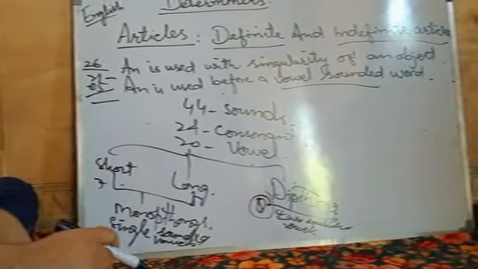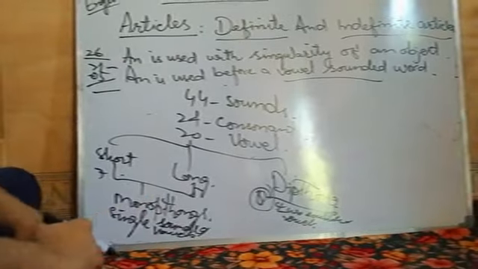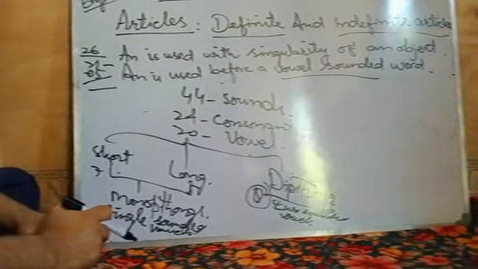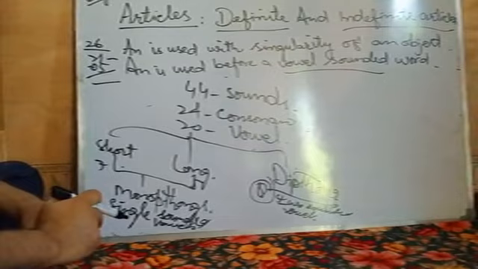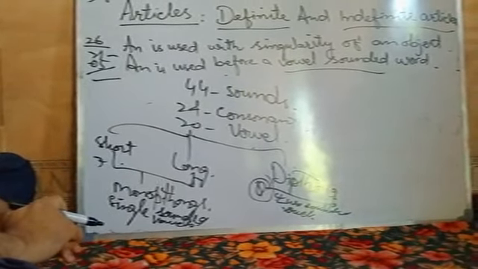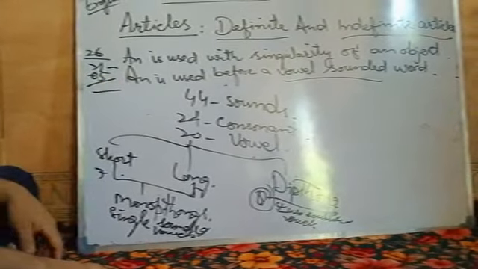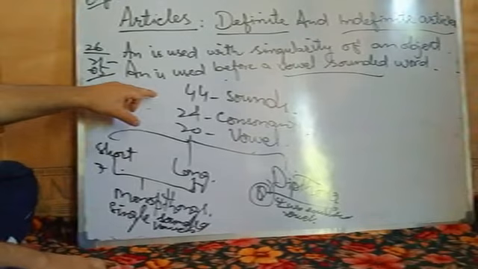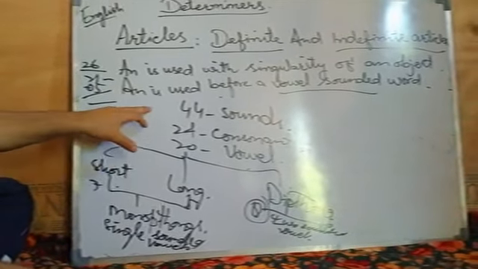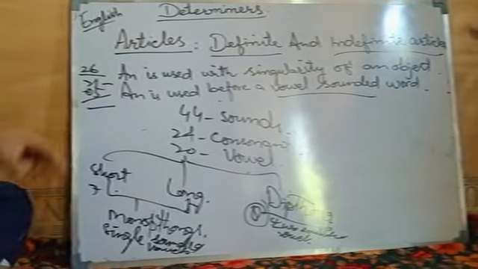In total, they are 20. And consonant sounds are 24 in number. It is a different topic. I thought it is necessary to have a little description of this chart here. That's why I used this here. Otherwise, our topic is articles.